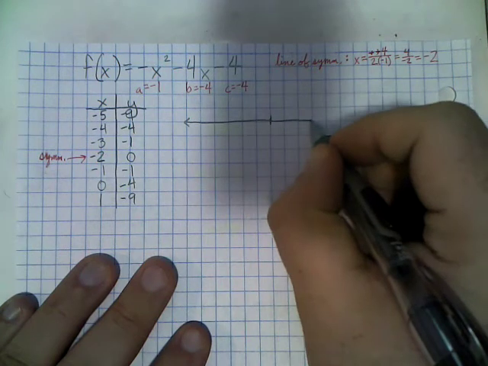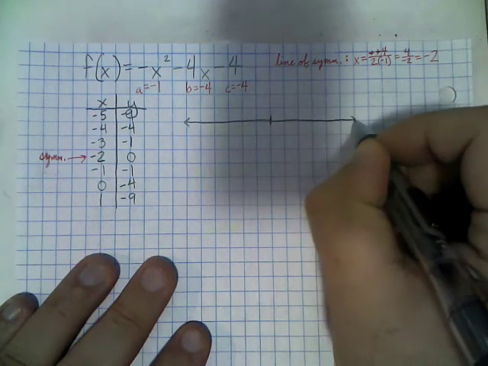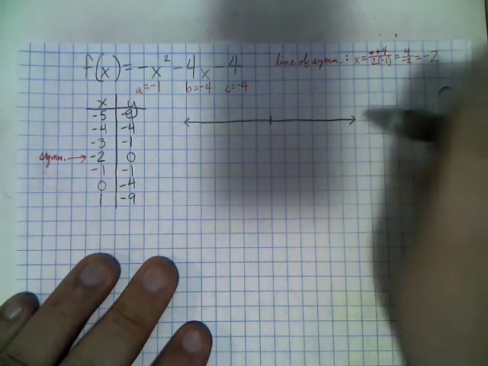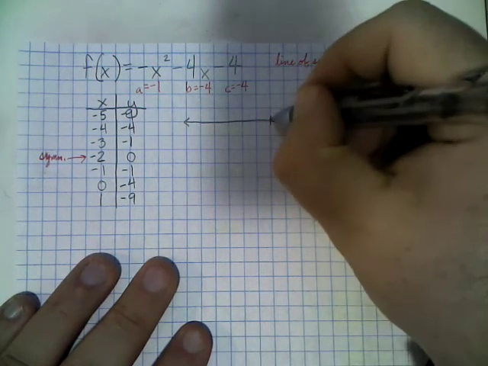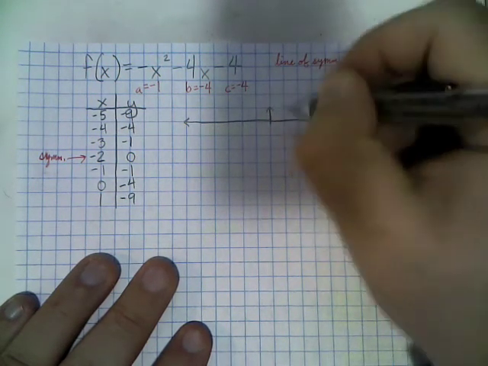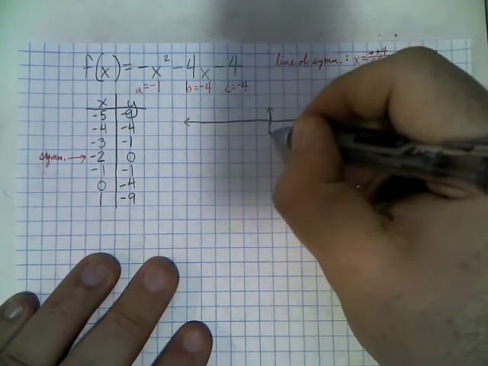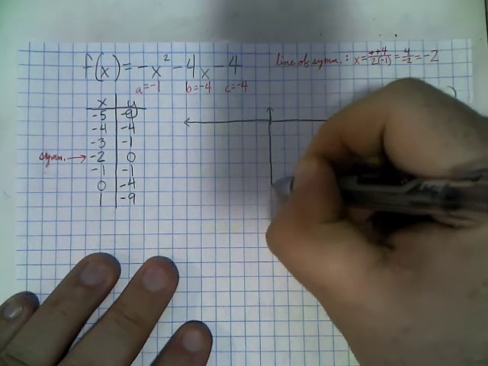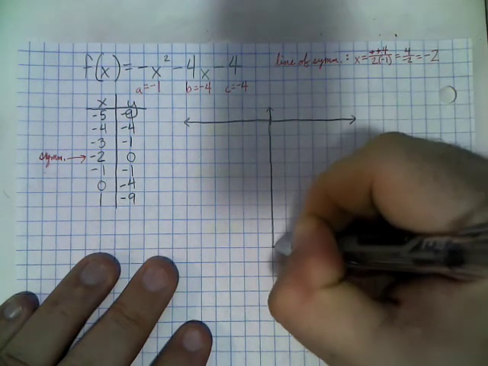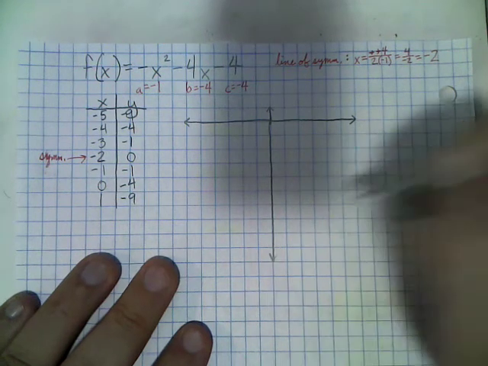And then in the spirit of symmetry, let's go 6 the other way. Now we're not really going into the positives this time, so I'm just going to go 1 up, but then I'll go 1, 2, 3, 4, 5, 6, 7, 8, 9, and then just an extra 10 down.